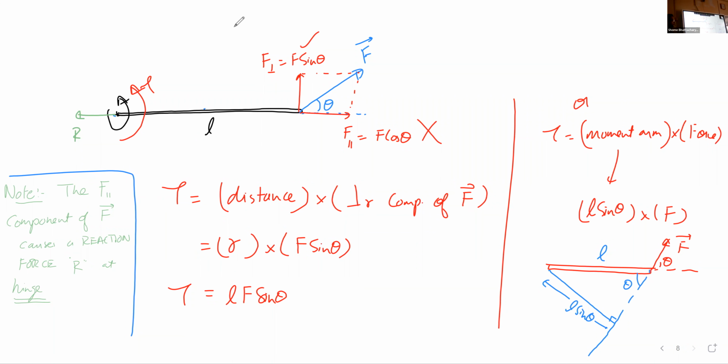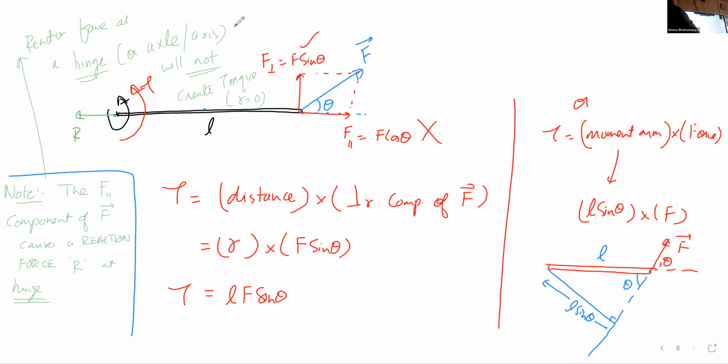So it causes a reaction force R like this. And again, a reaction force at a hinge, axle or axis, whatever, will not create any torque by definition because its r is 0.